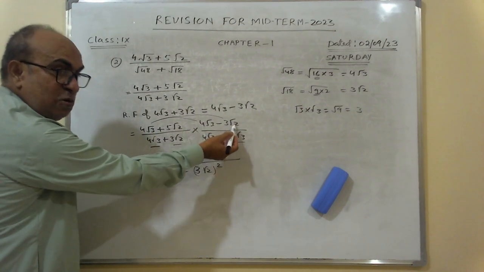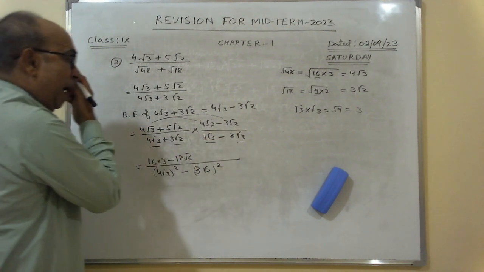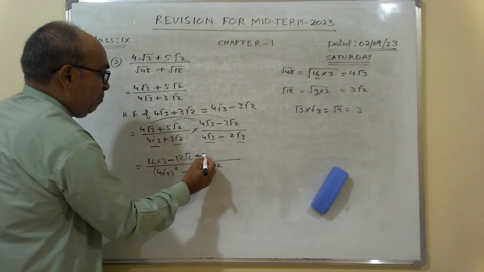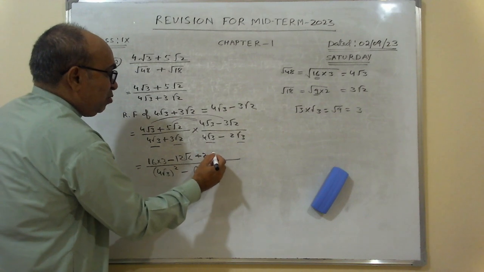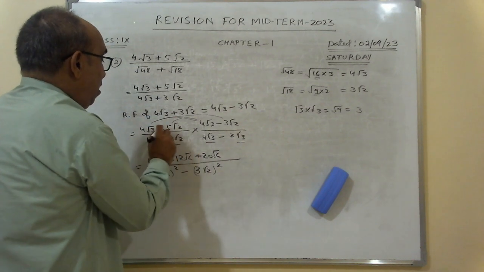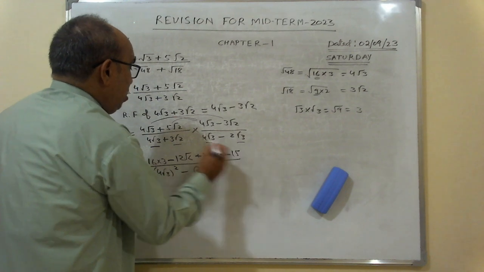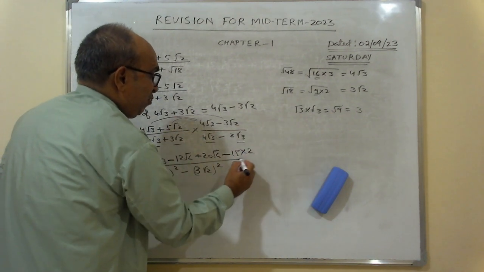Square root 3 into square root 2, that is square root 6. And then we will multiply by this. 5 fours are 20, plus 20 because it is plus and it is plus. Square root 2 into square root 3 is square root 6. Plus into minus is minus. 5 threes are 15. Square root 2 into square root 2 is square root 4, and that's why 2.